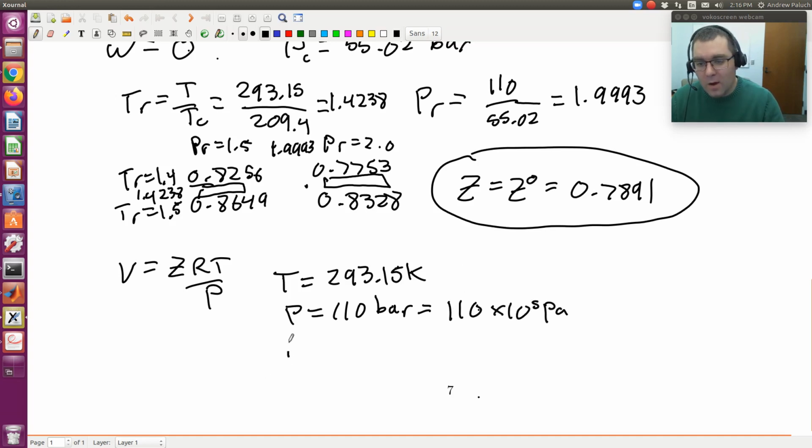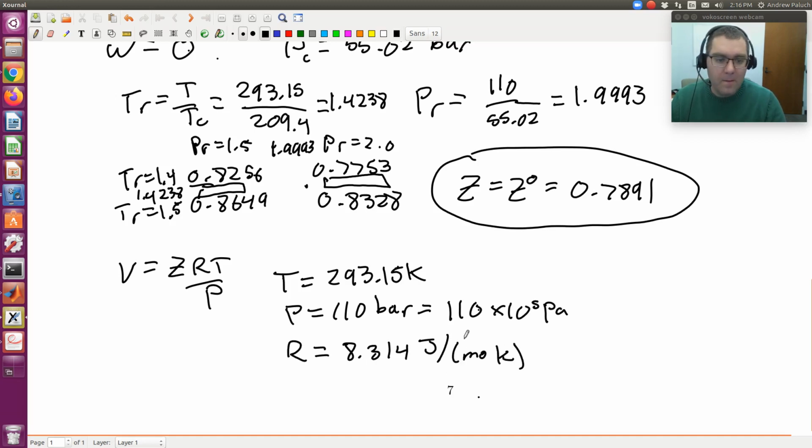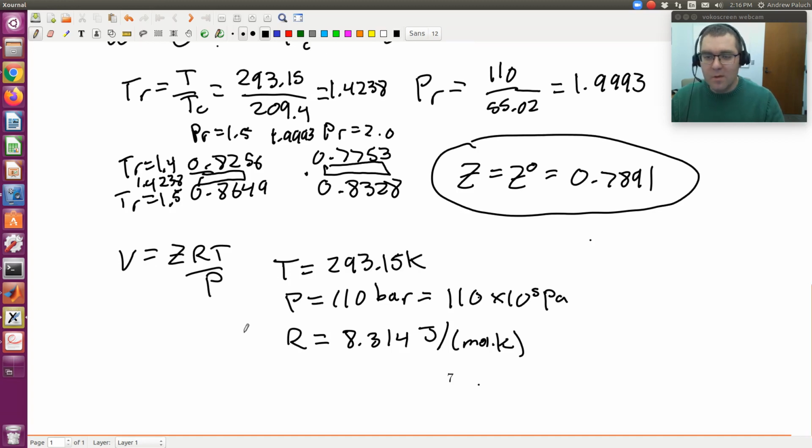And R, the only value of R I remember is my molar gas constant of 8.314 joules per mole Kelvin. Note that it is sometimes common in thermodynamics books to multiply this by the molecular weight for specific species to get a species-specific gas constant, but no need here. If I use SI units, V is going to have units of meters cubed per mole.